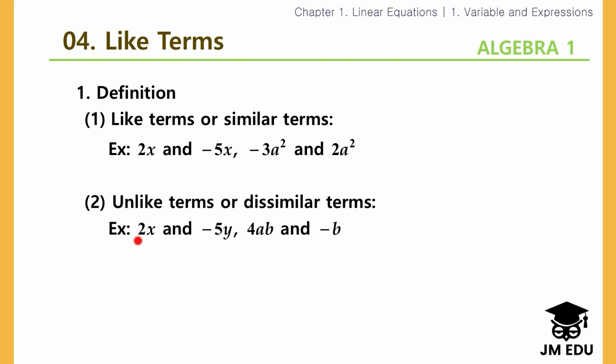Let's say we have 2x and negative 5y. Here we have variable x, here variable y, different variables, right? Then these two terms are unlike terms, or we say that they are not like terms. 4ab and negative b. Here we have variable ab, but only b here, right? So these two terms are not like terms.